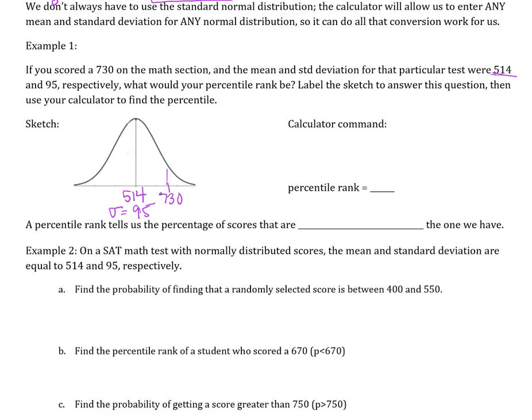Now, in order to calculate the percentile rank, we want the area of the curve to the left of the value that you got, because that's representing the proportion of people that you scored better than or equal to on the same test. So, in order to find the area, we're going to use normal CDF.